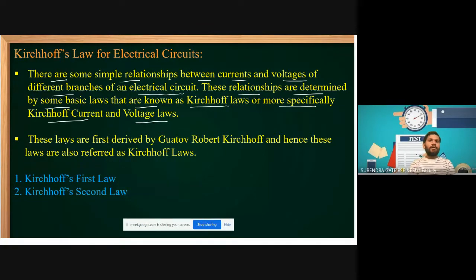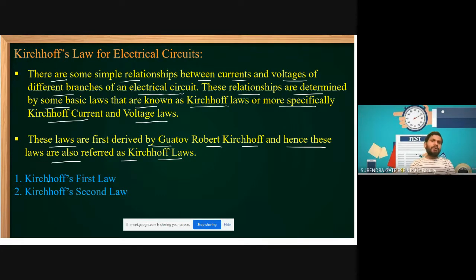Students, these laws were first developed by Robert Kirchhoff, and hence they are referred to as Kirchhoff's laws.